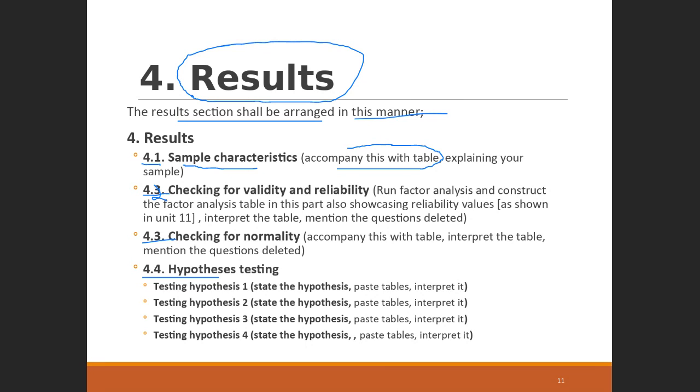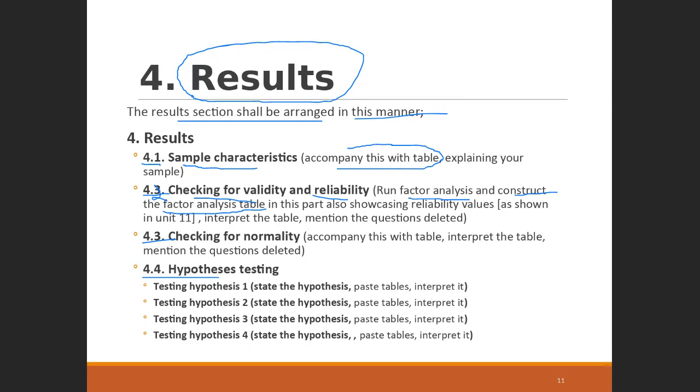The second part is checking for validity and reliability. Please refer to our unit number 11 and unit number 12 recordings, on how to run factor analysis, and you need to construct the factor analysis table as well. Now that table was very different, because when we constructed that table, we followed a particular template. Please follow that template, because that table was very comprehensive.